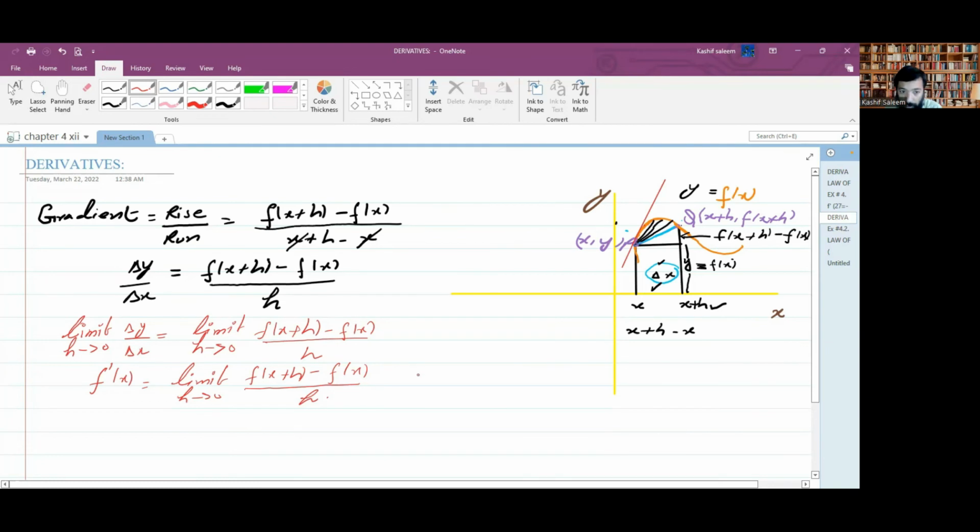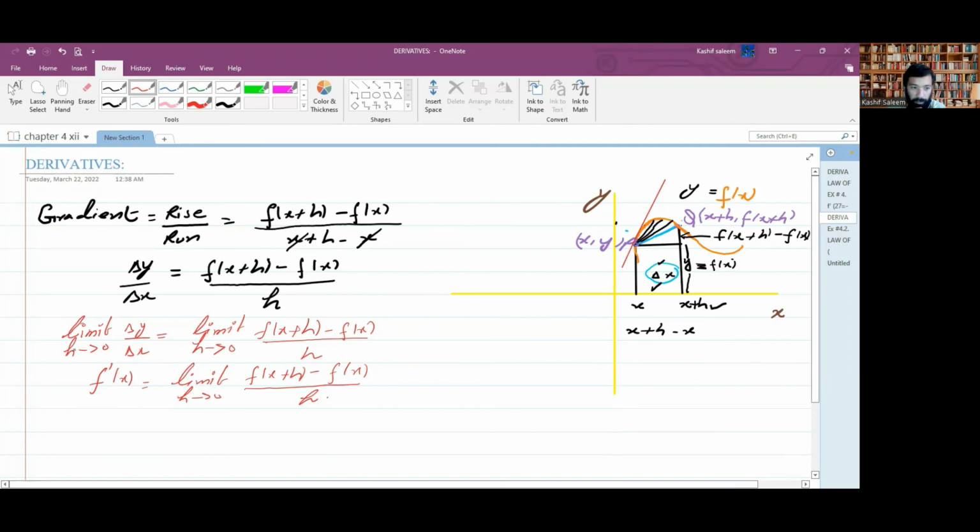So what about the existence of the limit? The limit exists if the left-hand derivative and the right-hand derivative exist. Then we say that the function is differentiable at point P. So you have to calculate this limit in order to calculate the derivative.